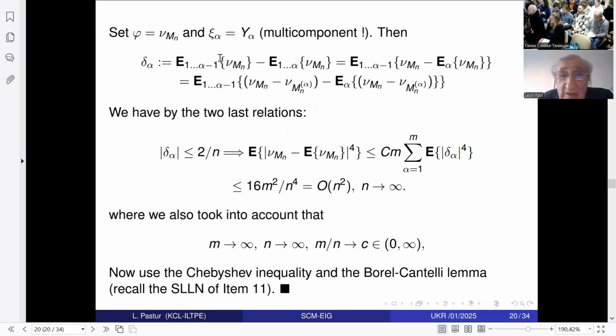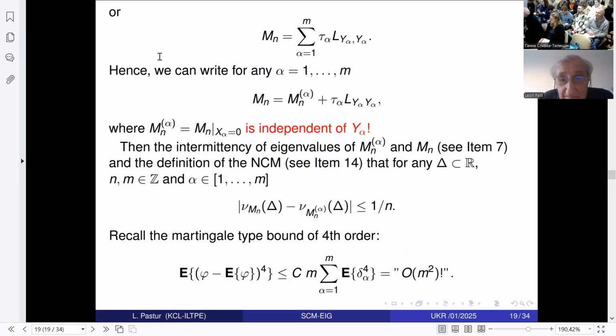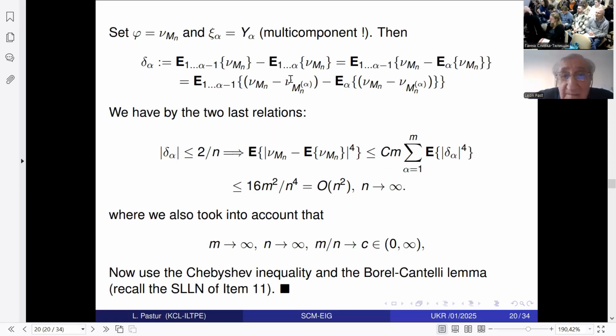Now, because my random variables y alpha are independent, I can write this expectation as the expectation with respect to 1 to alpha minus 1 and the last one. So I can write this expectation as a product. I put out of the brackets the expectation with respect to 1 to alpha minus 1.